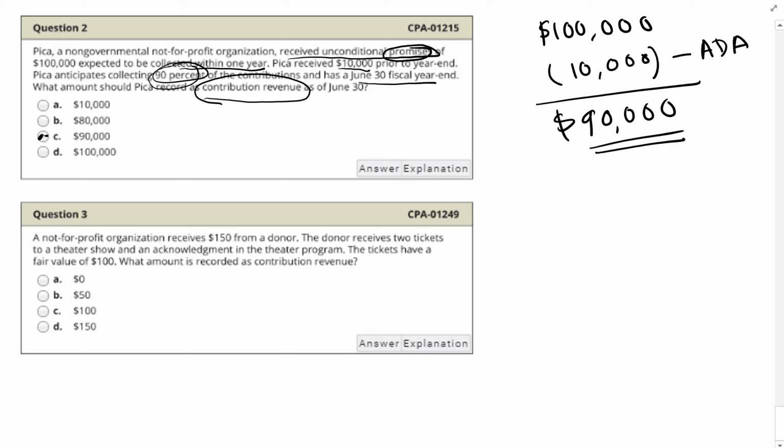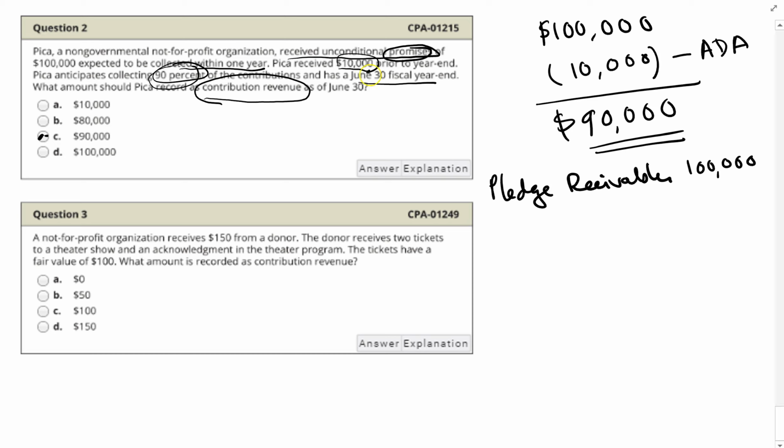So here they will record this entire amount as a pledge receivable. If I want to show you the journal entry, pledge receivable, and that's $100,000. Although they collected 10,000, don't be confused with these 10,000 and that allowance for uncollectible pledges, or allowance for doubtful accounts.